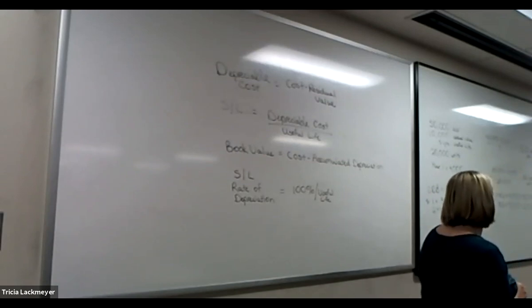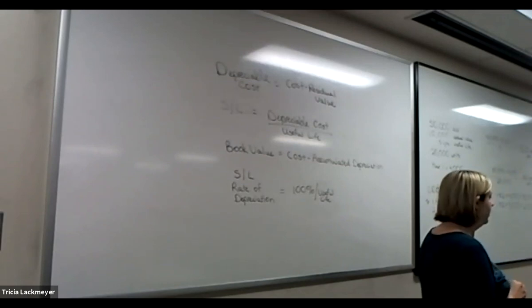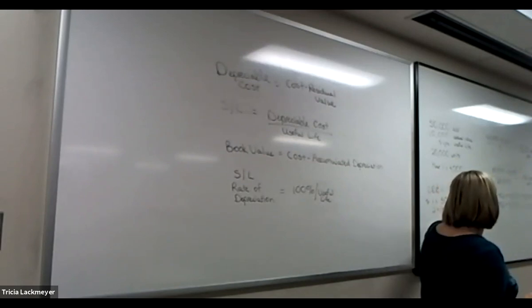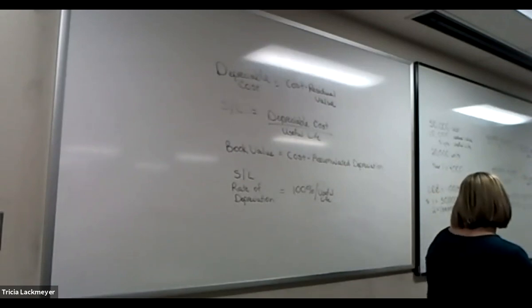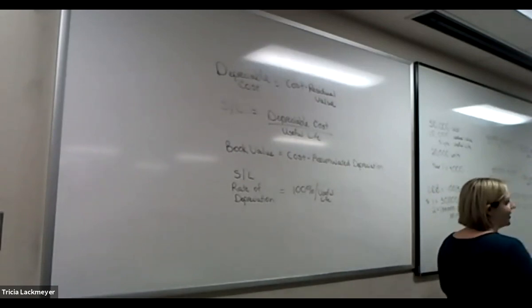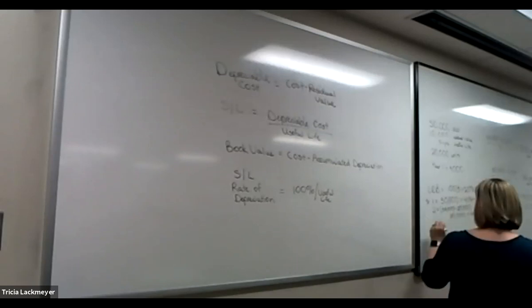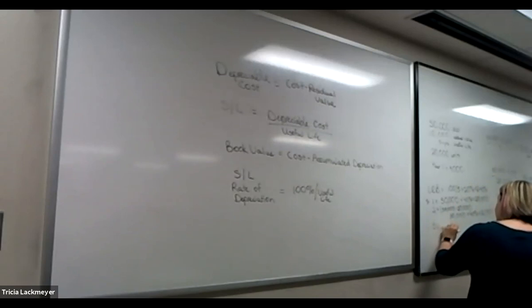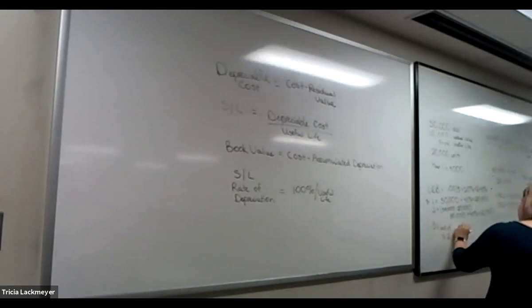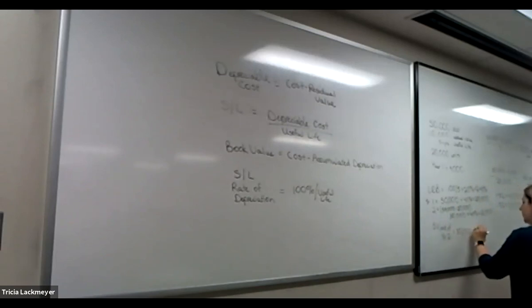What's my book value at the end of year two? Well, that was at the end of year one, actually. The end of year two is the same as the beginning of year three, right? So my book value at the end of year two would be 30,000 minus the additional 12,000.